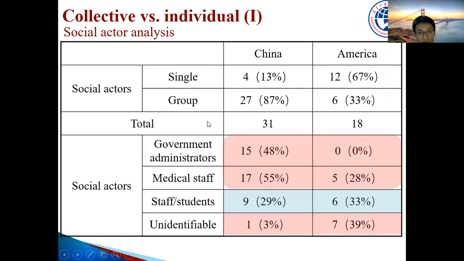To be more exact, the Chinese corpus and the American corpus have a similar proportion of representing their social actors as staff and students, but the Chinese one has more government administrators and medical staff represented in the images, while the American one has more unidentifiable ones, which are mainly represented in stock images, whose purpose is mainly to represent reality and to evoke some kind of emotion or attitudes, which is very individual oriented.